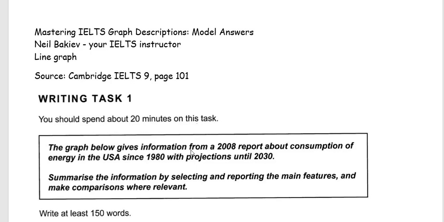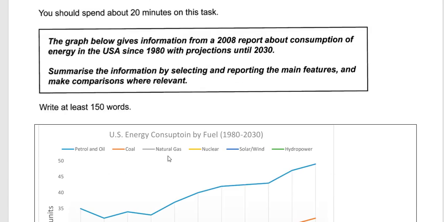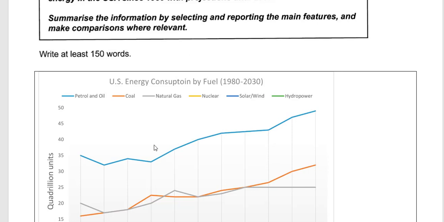Now let's look at these tasks in detail. The graph below gives information from a 2008 report about the consumption of energy in the USA since 1980 with projections until 2030. Summarize the information by selecting and reporting the main features and make comparisons where relevant. Now here we have US energy consumption by fuel.